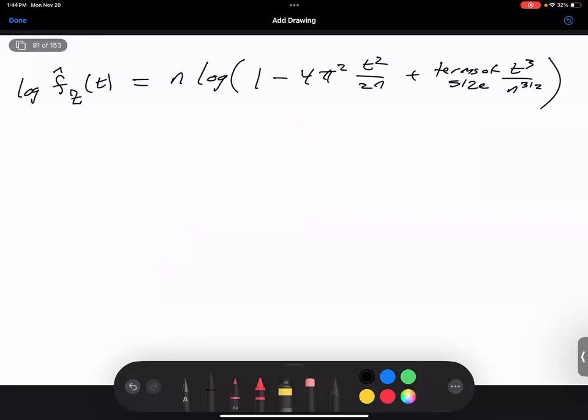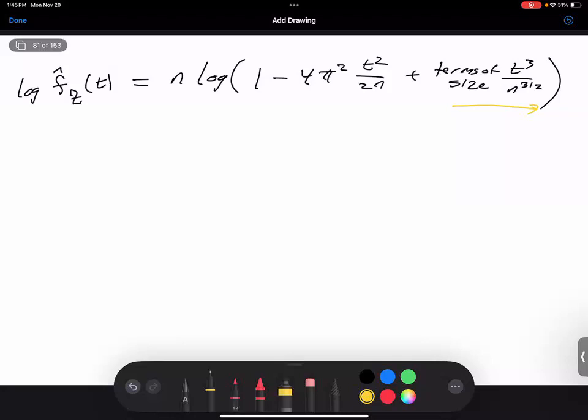Is everybody comfortable if I just write it at that level? Now you have to worry about terms of size t cubed over n to the 3/2, then t to the 4th over n squared, then t to the 5th over n to the 5/2. And you just have to show that if I sum all the stuff from here onward, it's going to be something of size t cubed over n to the 3/2.